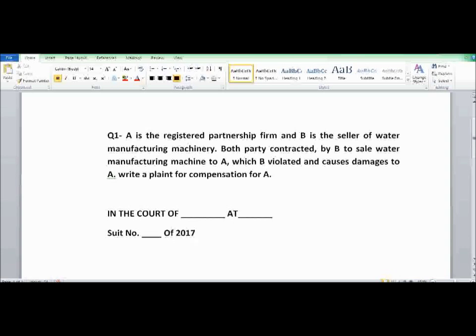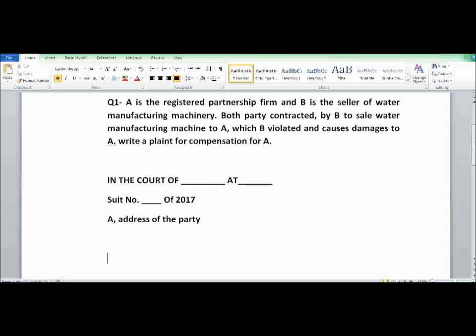Now select the year. Now write your party name. Here I will say party A, then the address of the party. Right after the address, write at the right side the description of the party. Here it is plaintiff. Now in the second line, versus.